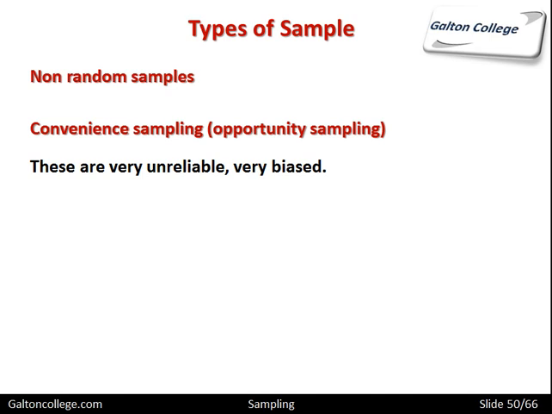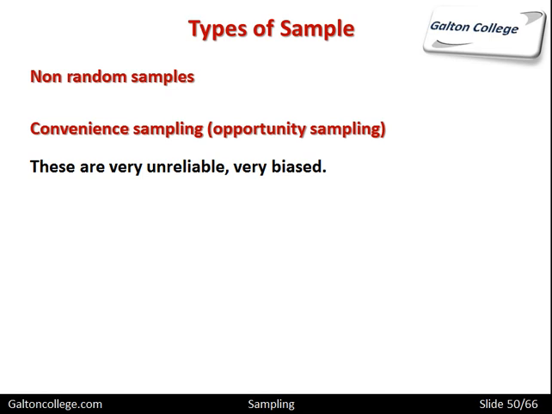Convenience is: pick a sample, okay, I'll ask my neighbours and I'll ask the lady in the shop down the road and I'll ask some of my friends. That's convenience, but that's very biased. That's not the way it should be done, and that does not lead to an accurate statistic.